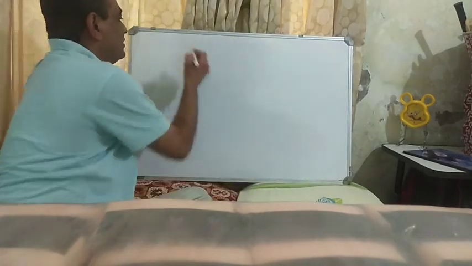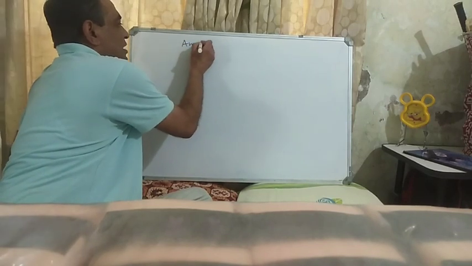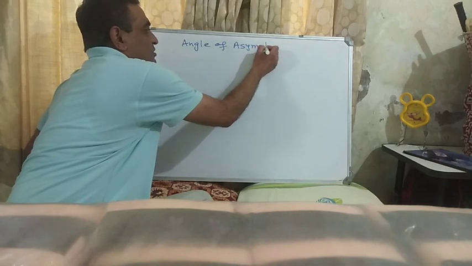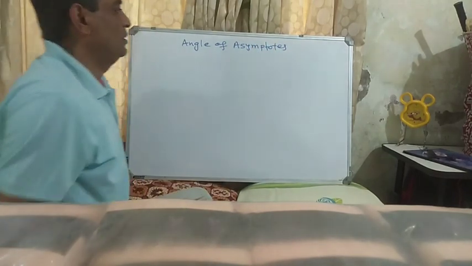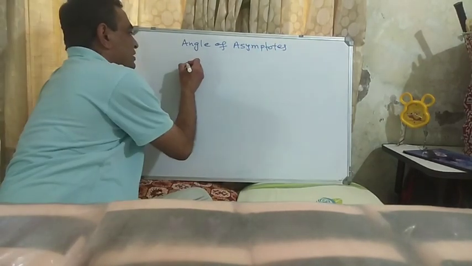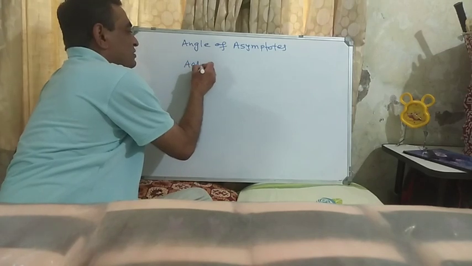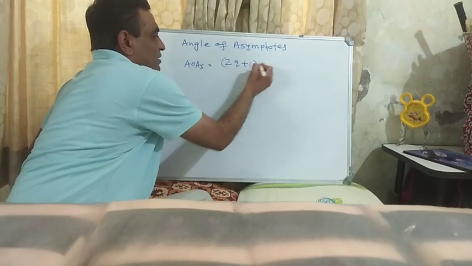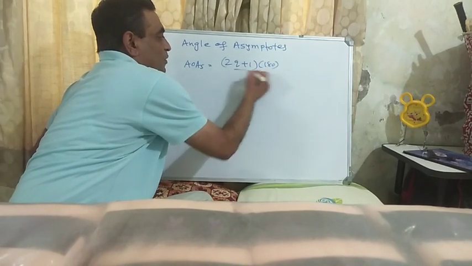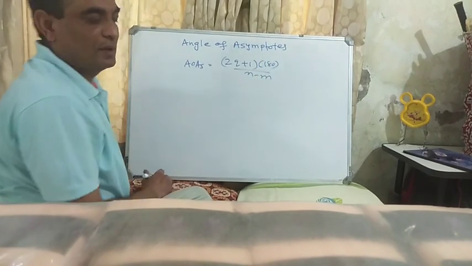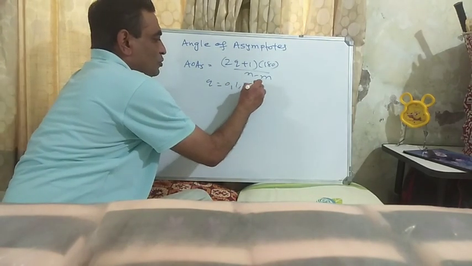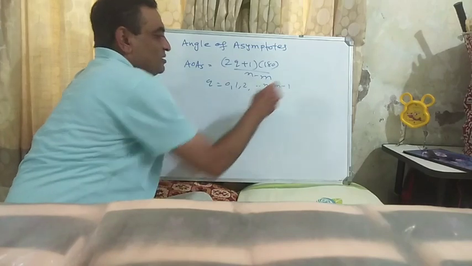So we will calculate the angle of asymptotes. Here the angle of asymptotes is given by (2q plus 1) into 180 upon (n minus m), and q goes from 0, 1, 2 up to n minus m minus 1.